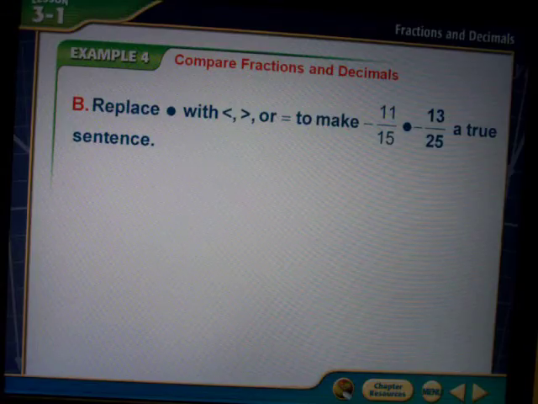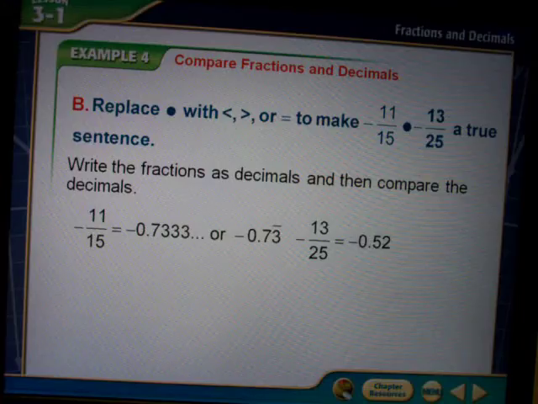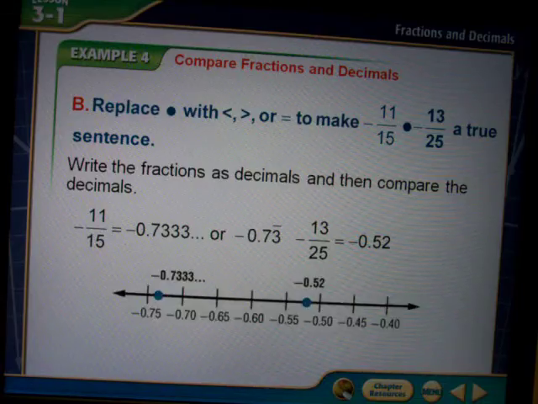Alright, now you're going to try the same thing here. Use the compare symbols to change 11/15 and 13/25 to a true sentence. Now here, I would convert both of these fractions, because who wants to figure out the greatest common factor between 15 and 25? So go through and convert both of these into decimals. They're both negatives, in fact, and so they show them on the number line there below.